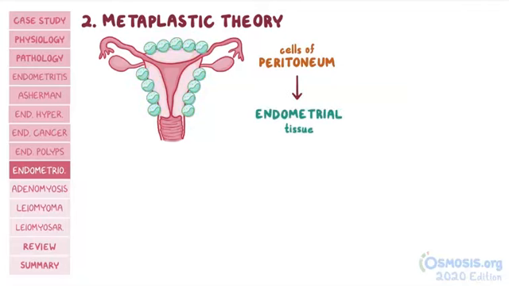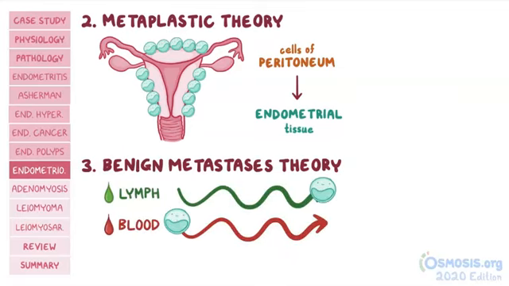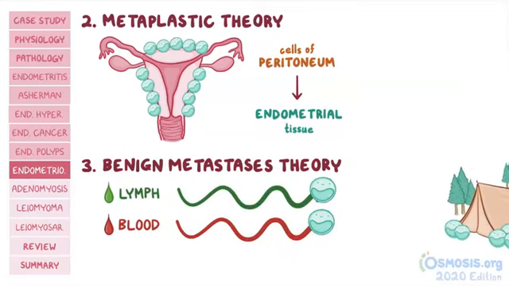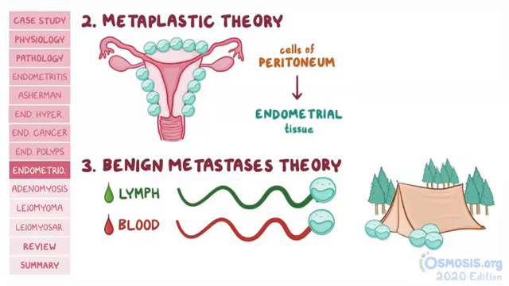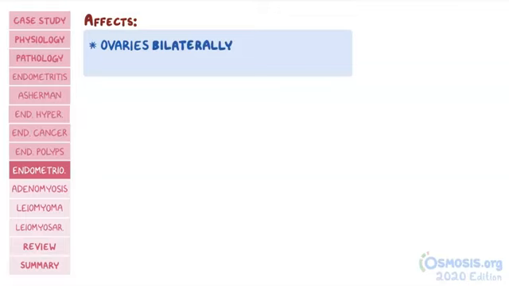And then, there's also the benign metastases theory, which says that endometrial cells can travel to distant organs through the lymph and blood. In any case, once there, endometrial cells will set up camp and start growing to form a mass of endometrial tissue. For your exams, it's important to know that most often this affects the ovaries bilaterally, which classically results in formation of a blood-filled chocolate cyst.